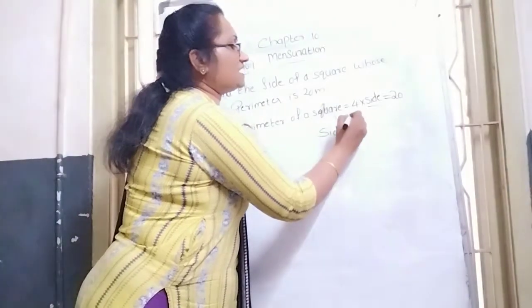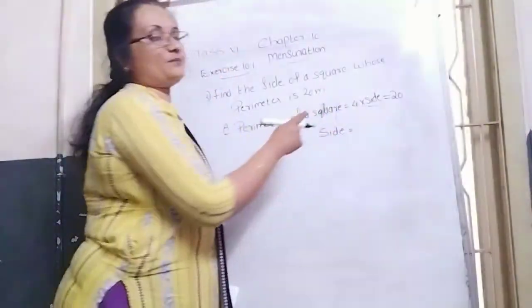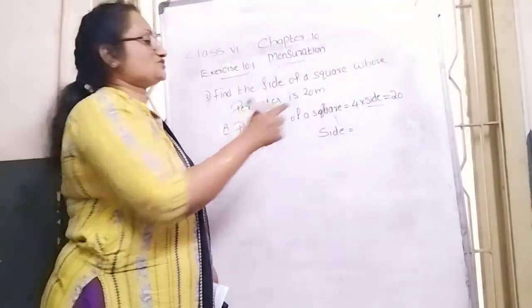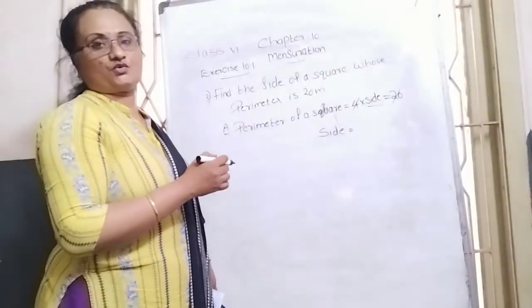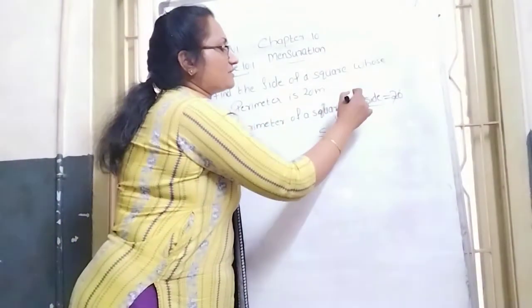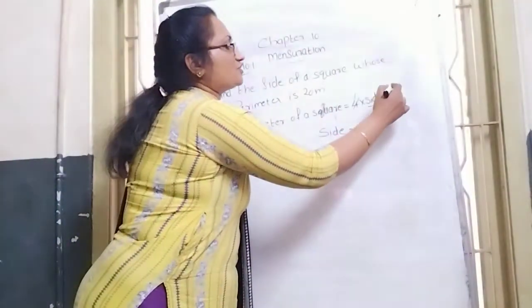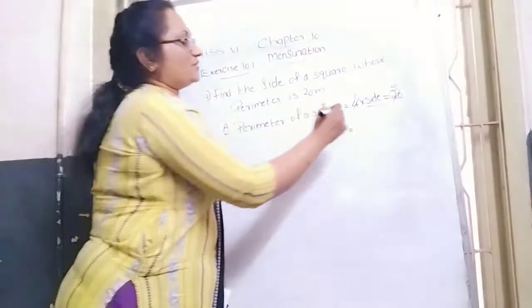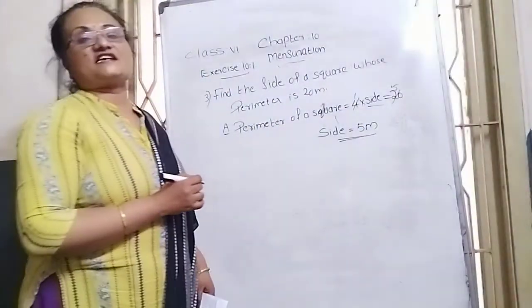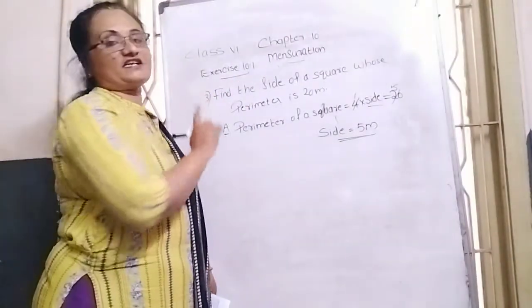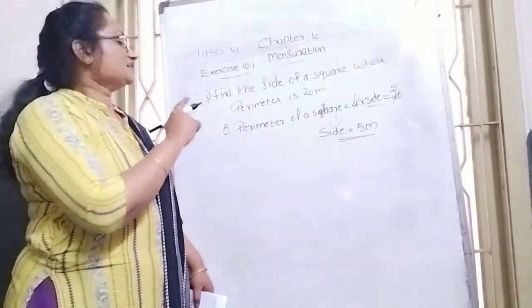To find the side, 4 goes to the opposite side. Or otherwise, directly cancel on the left and right side. Left side 4 table, 1 time. Right side 20, 4 table, 5 times. So the side value is 5 meter. That is the third question.